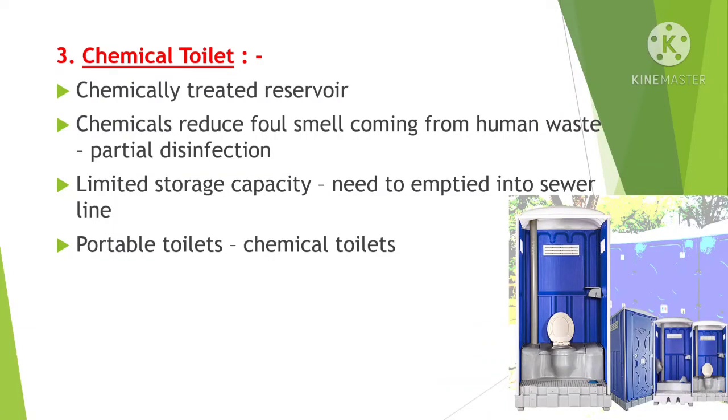So in the chemical toilet, the reservoir, or we can say the tank that is present, has some chemicals in it. Now the chemicals reduce the foul smell or the foul odor that comes from the human waste, and they carry out the partial disinfection of the human waste.